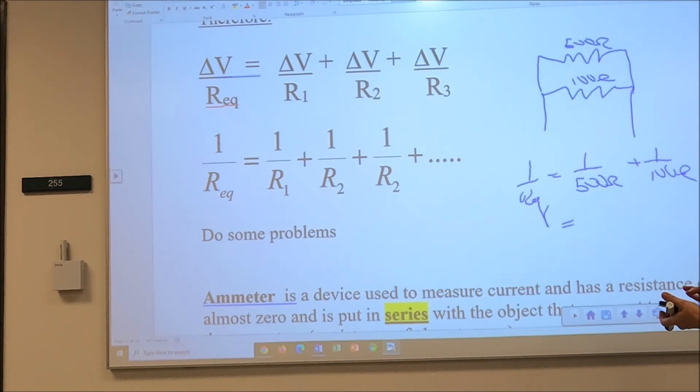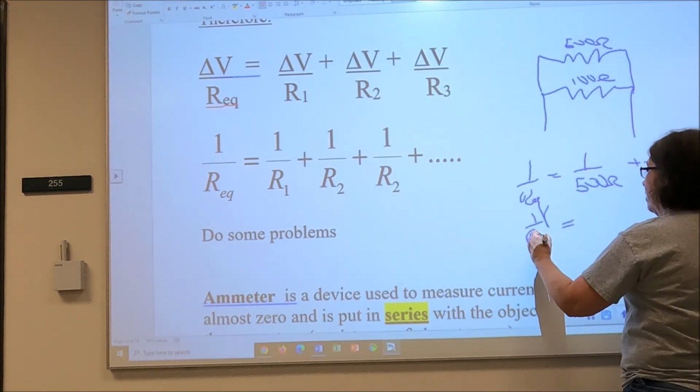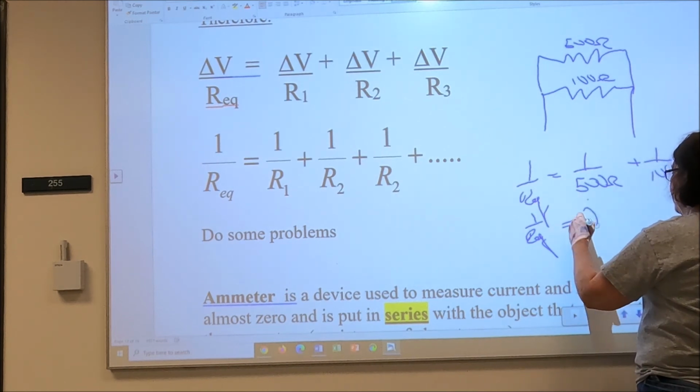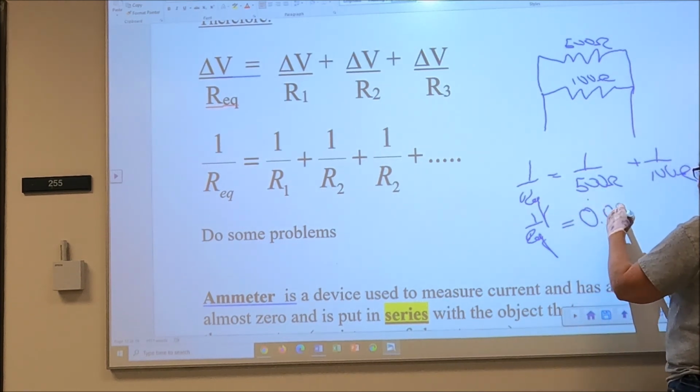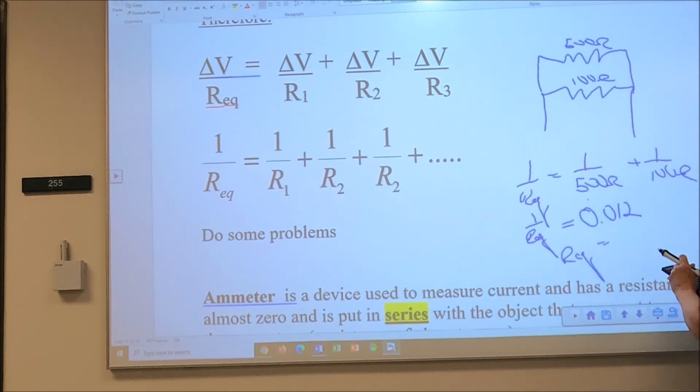I have 1 over R equivalent is 0.012, so R equivalent is 1 over that, 83.3 ohms. Notice R equivalent is smaller than the smallest resistor that you have in parallel.